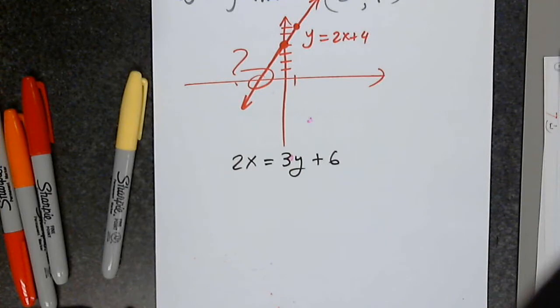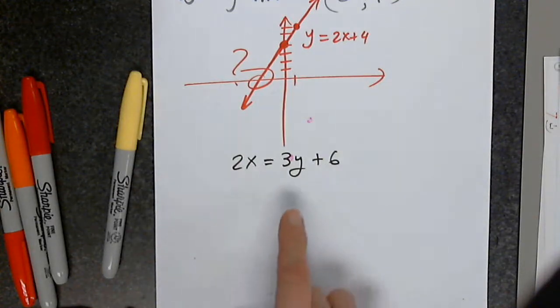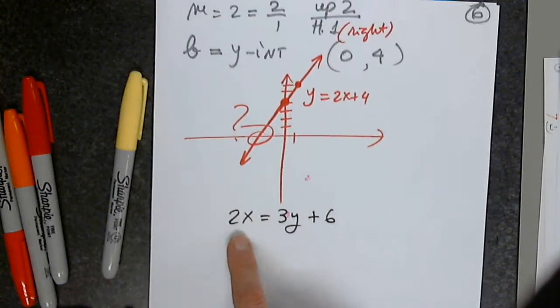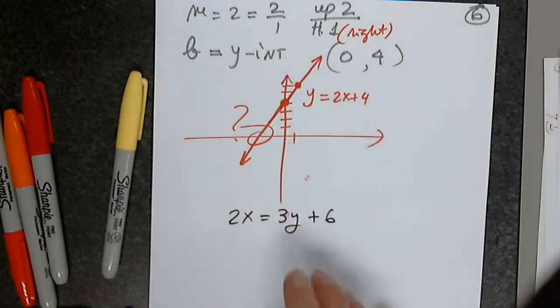If you want to graph this equation using the slope, I should say, you have to divide by 3. And that makes it a little bit more difficult, right? Because if I have to divide by 3, I will have 2/3 as the slope. I'm not saying it's impossible. I'm saying 2/3 is slightly more difficult than 2/1.